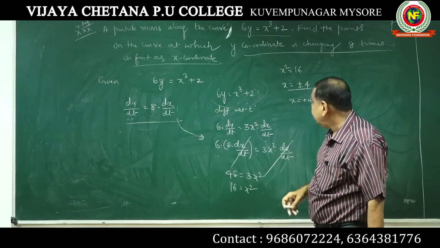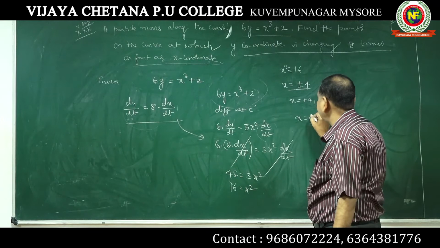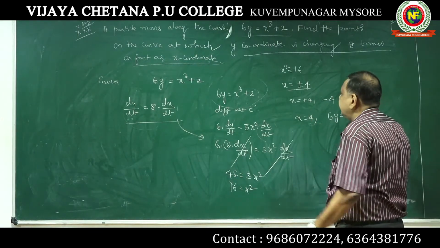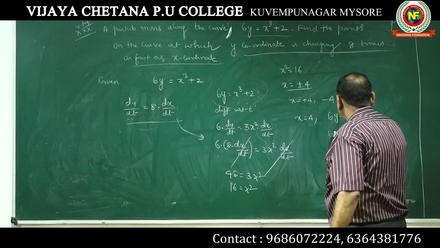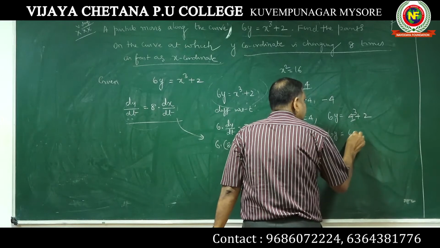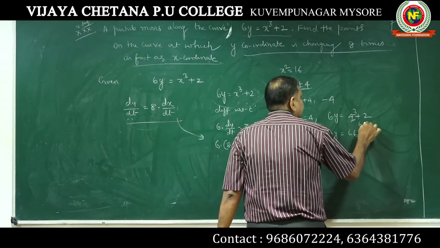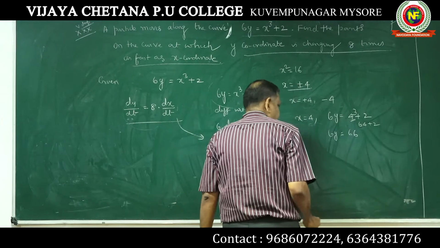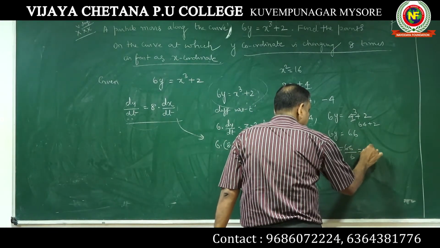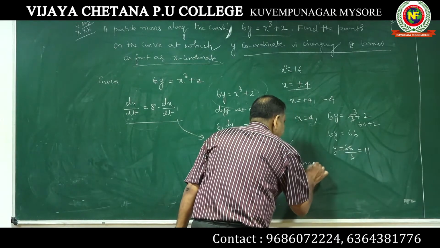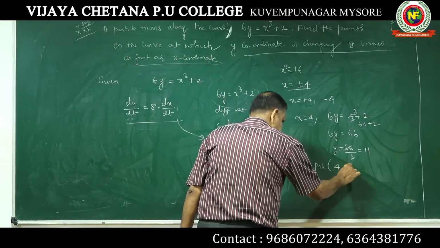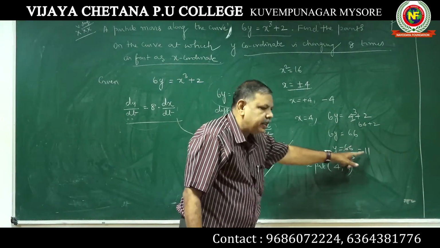Now take x equal to 4: 6y is equal to 4 cube plus 2. 4 cube is 64, 64 plus 2 is 66. Y is equal to 66 by 6, which is 11. So one point is 4 comma 11.